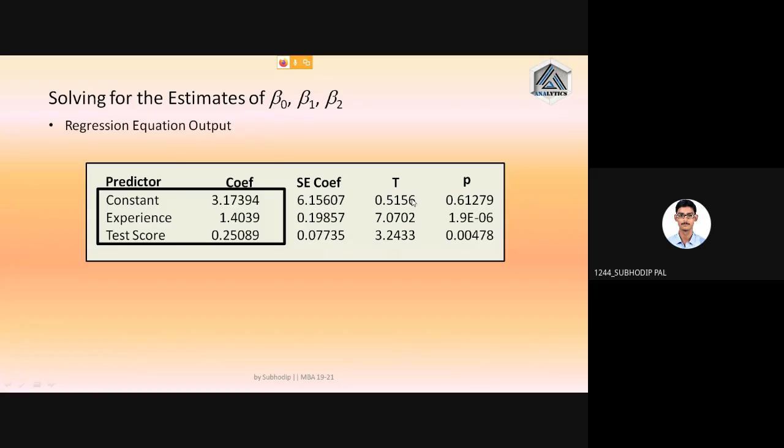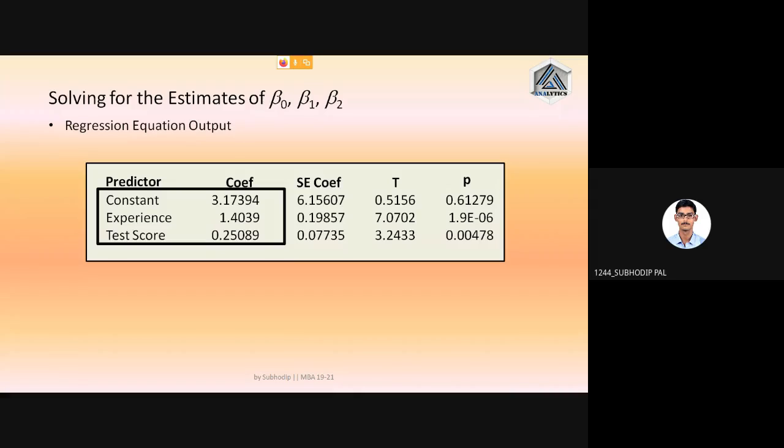And remember one thing: in the exam, you don't have to run the multiple linear regression or calculate it manually. You only have to calculate simple linear regression, which we discussed in the last session, in the Excel sheet.